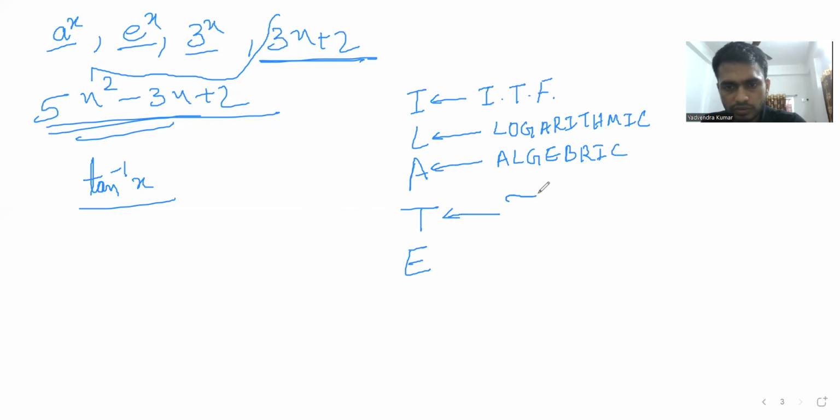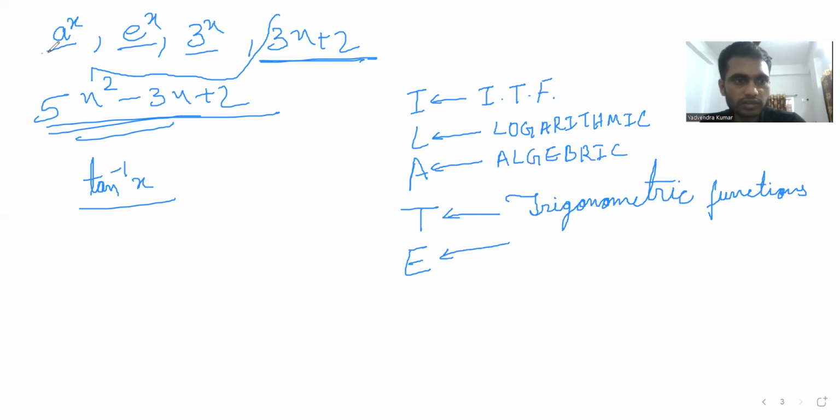And T means trigonometric functions. And E means exponential functions.